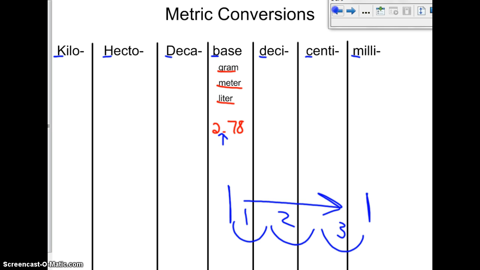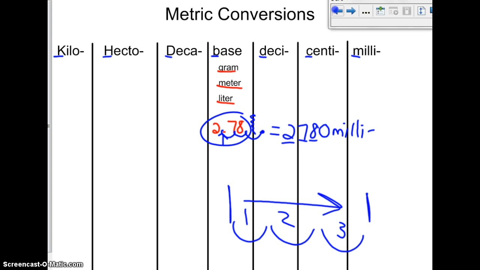So 2.78 meters would be 1, 2, 3, 2,780 millimeters. Now I see in the original number, I see a 2, a 7, and an 8. Where'd that 0 come from? This spot right here. There is no number in it. We have to plug any spot without a number with a 0.